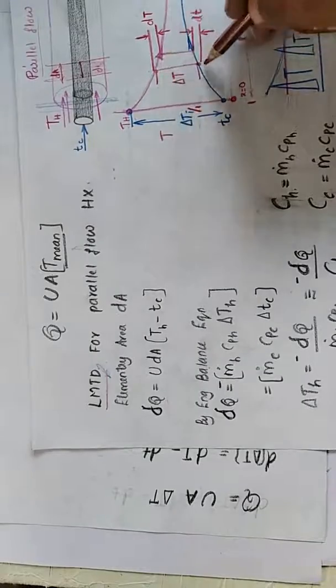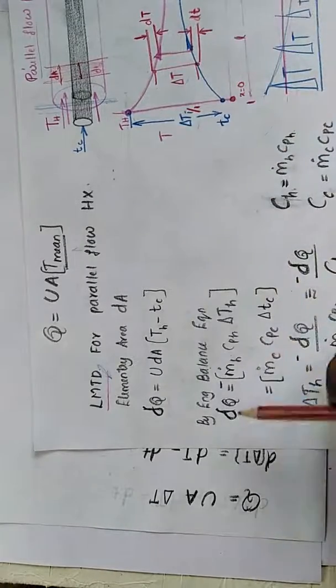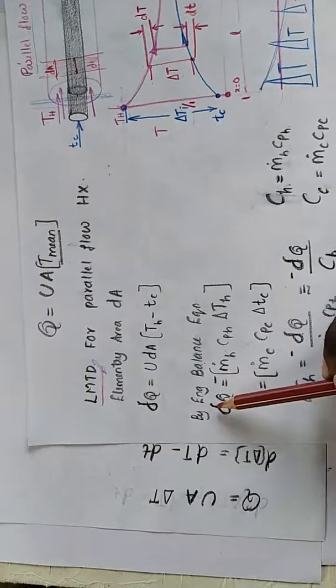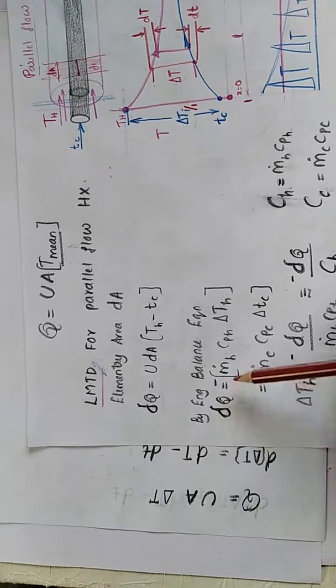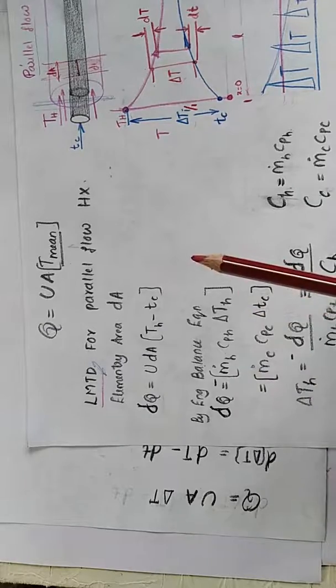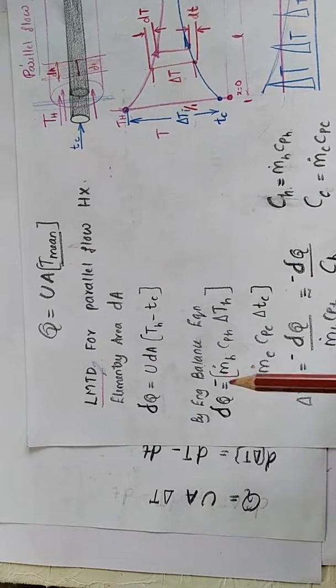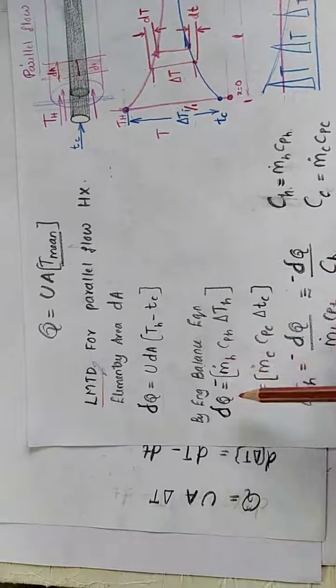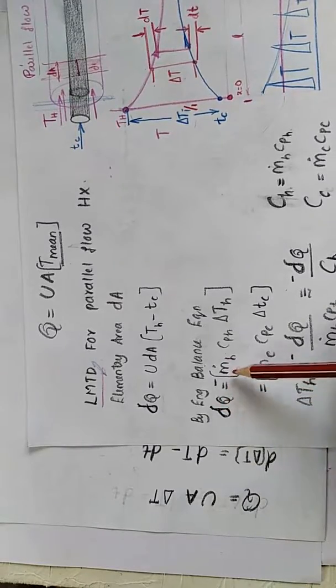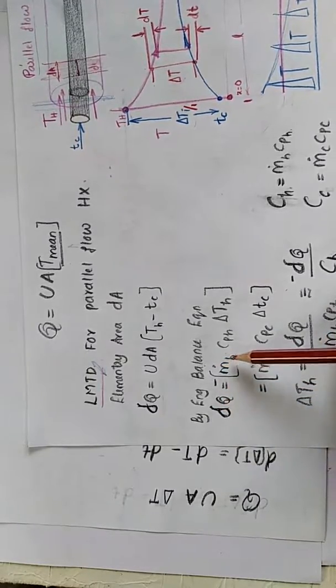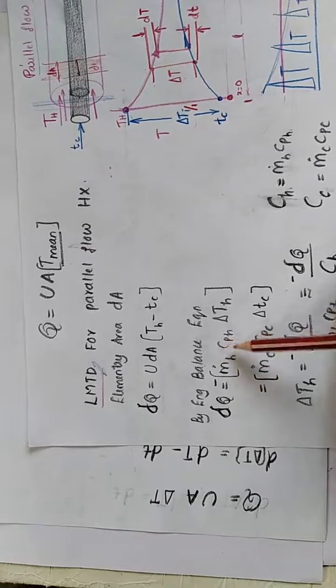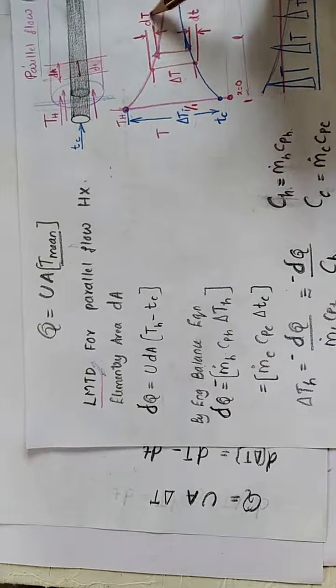This is delta T. By the energy balance equation, delta Q for the hot fluid and delta Q for the cold fluid should be the same. Delta Q is equal to minus m dot h, the mass flow rate of the hot fluid, into the specific heat capacity of the hot fluid, into dTh, that means this dT.